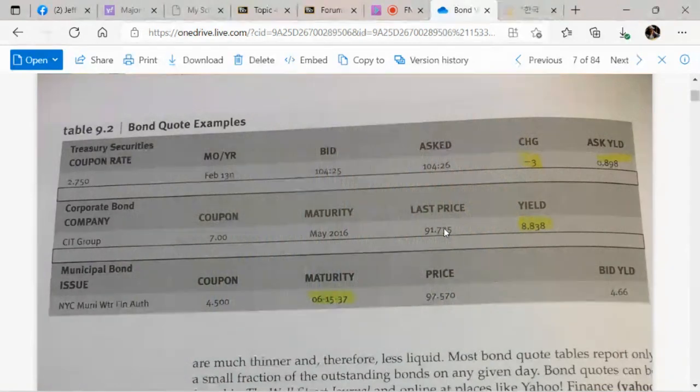Why? Again, think about it. The coupon rate is an interest rate, and they pay 7%. They say they pay 7% interest a year. 7% of what? 7% of the face value of the bond.